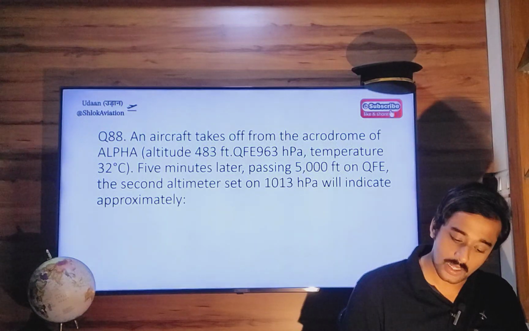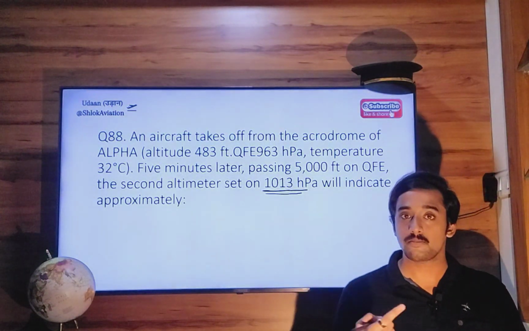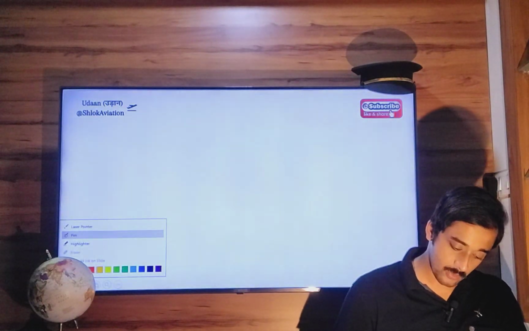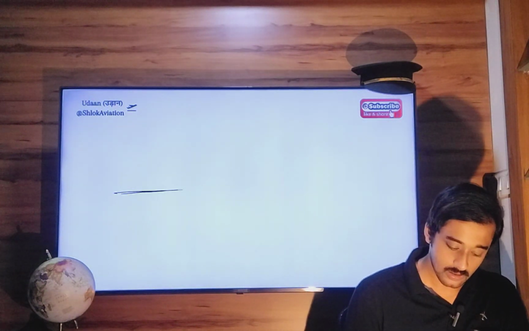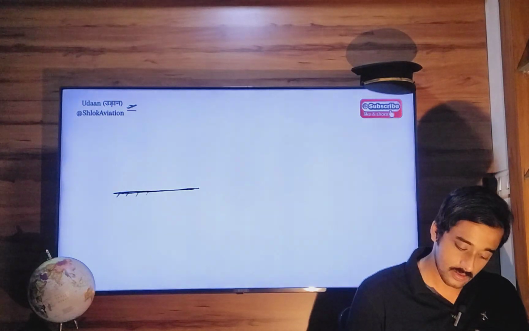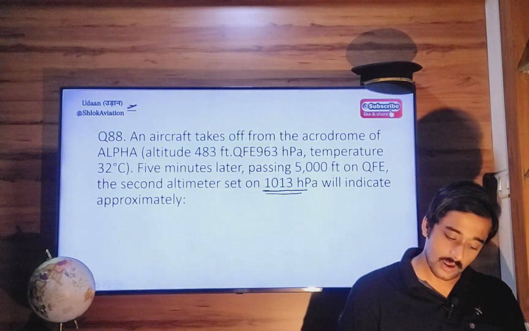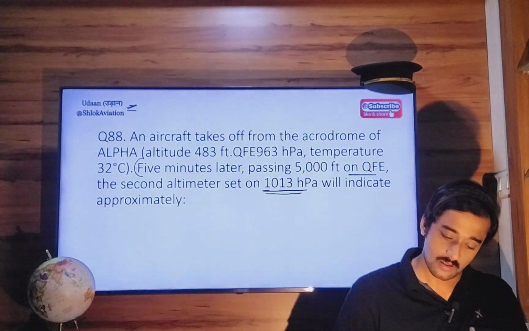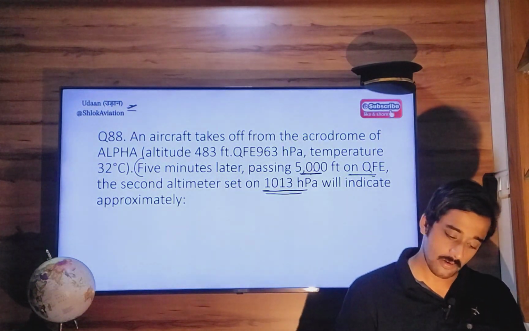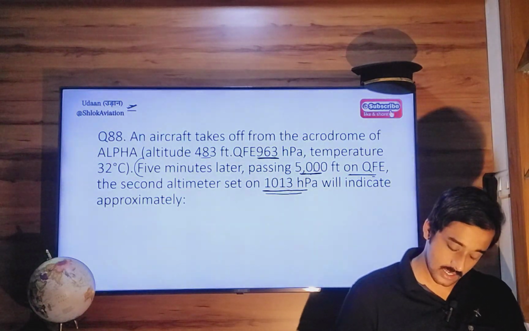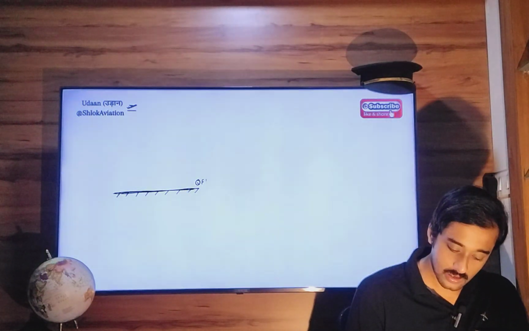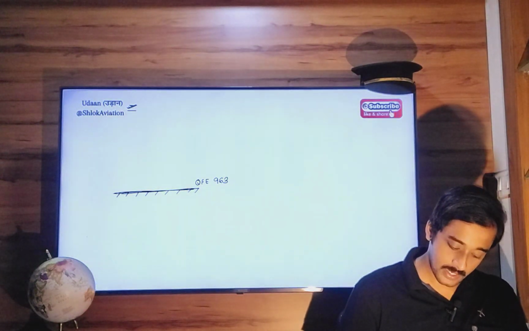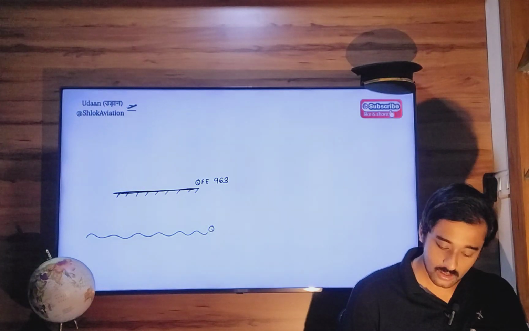When you set 1013 in your altimeter, you get pressure altitude indicated. Okay, so let's draw this airport. Now the QFE, 5 minutes later, 5000 feet on QFE altitude. QFE is 963. Mean sea level QNH will be what?